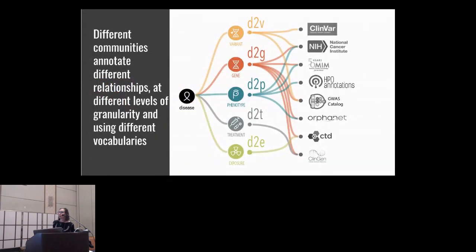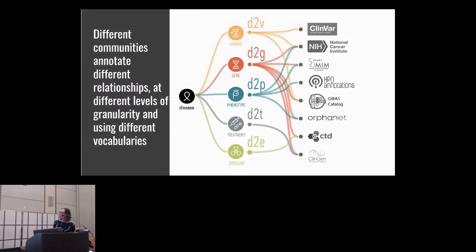So furthermore, there's other kinds of mappings which have to do with definitions of the things that we're talking about. And here I'm going to use disease entities as one of the problem spaces for my first set of examples. Different organizations annotate different relationships to disease entities at different levels of granularity. And so this is a different kind of mapping. We have ClinVar, which maps disease entities to a variant. The disease has an identifier associated with it as a variant.